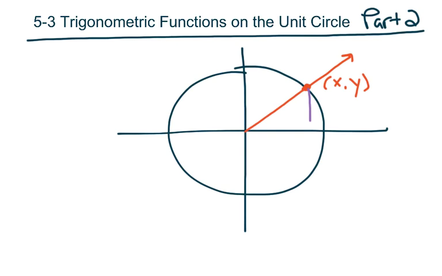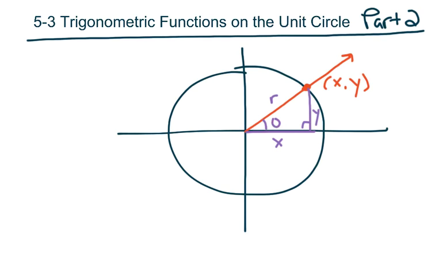So if I create a right triangle with the x-axis, then we would call this side of the triangle x because it's some x number of units on the x-axis. This vertical line we would call y because it's some y units up, and then you get to the point x comma y. The hypotenuse of that right triangle is the radius of the circle.